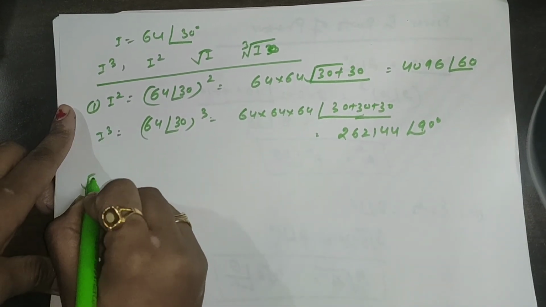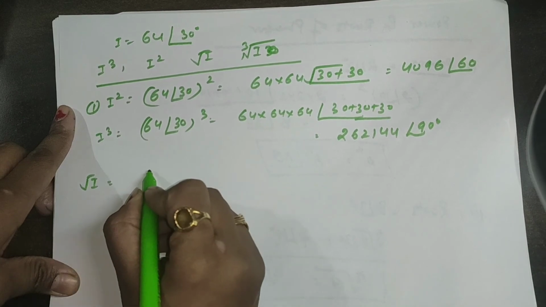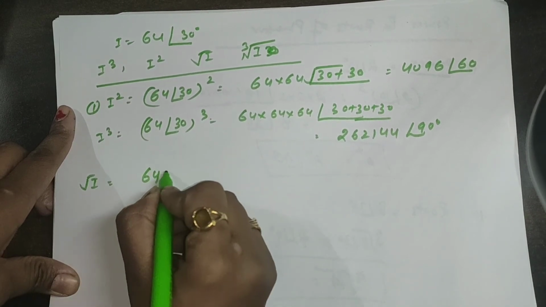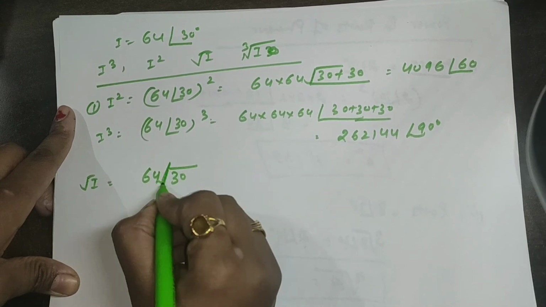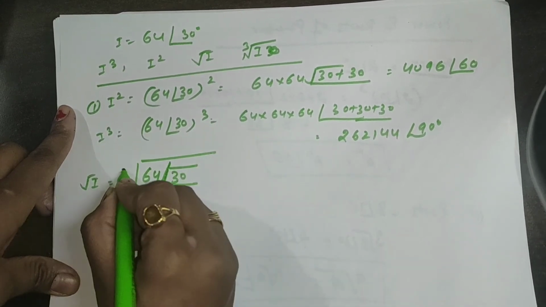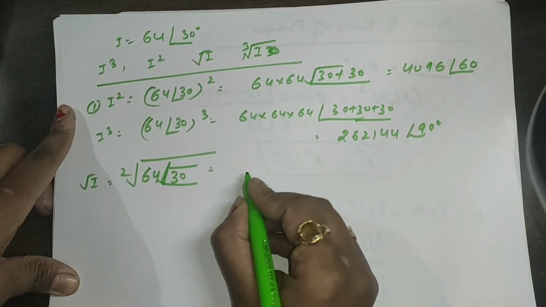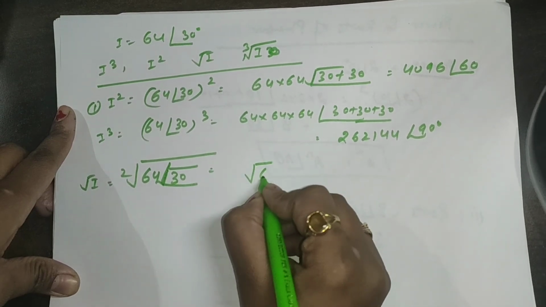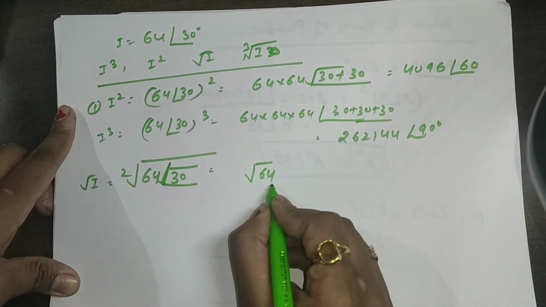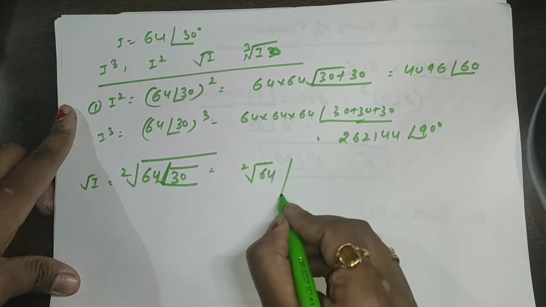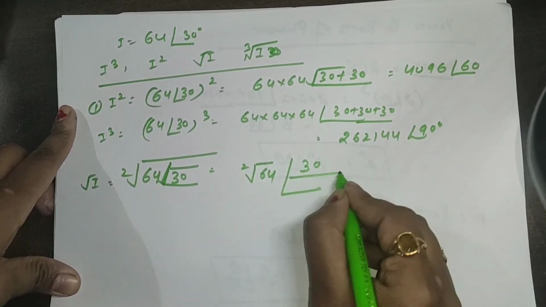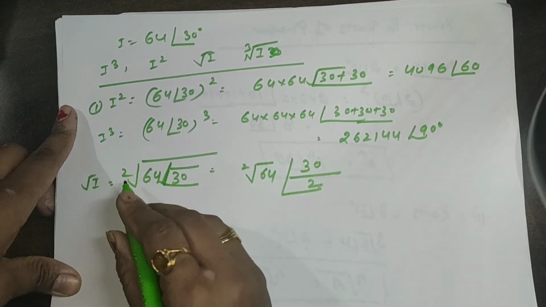Now you have to perform the square root of I, that is 64 angle 30 under root. That will be the square root of 64 and the angle divided by n, that is 2.